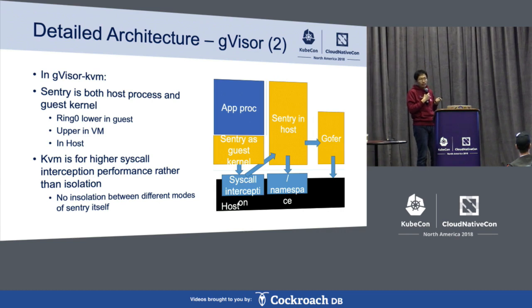It's not for VM level isolation. So that's not the isolation part, but only for Syscall interception. The other part is the same as the ptrace part, except using KVM will be a bit faster in the bare metal case. And later I will have the comparison with some data.